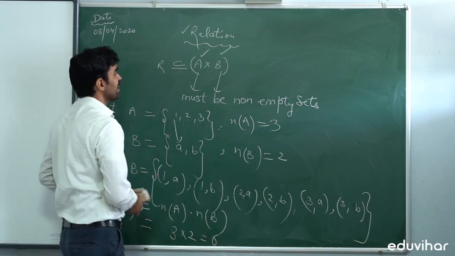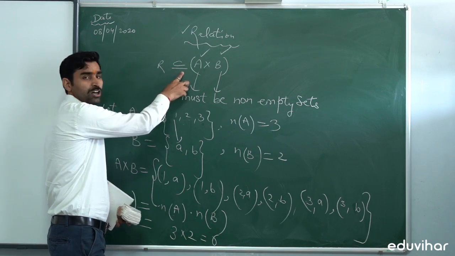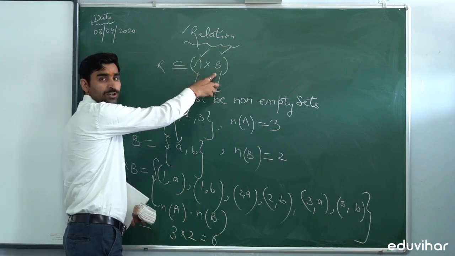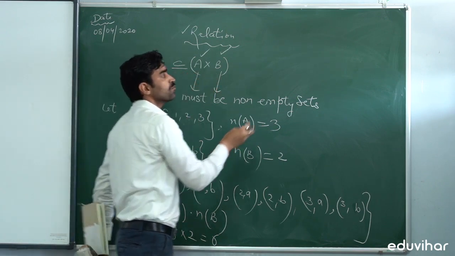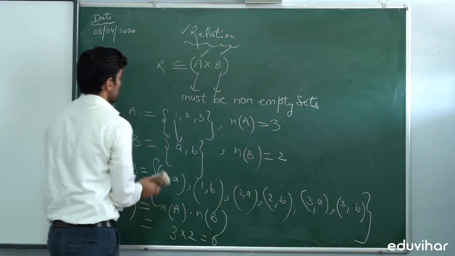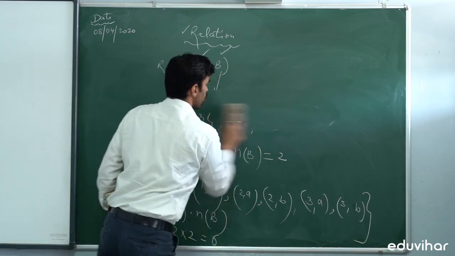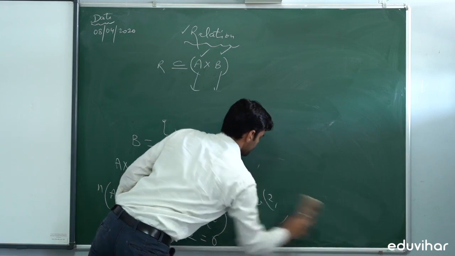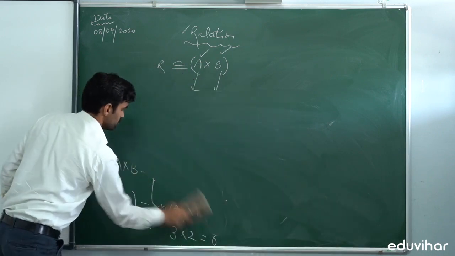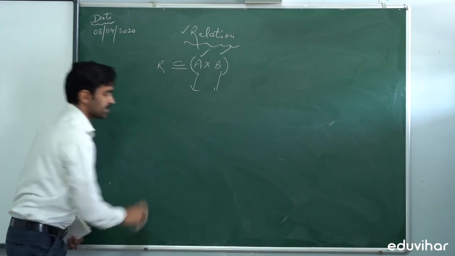Now, as we know, a relation is a subset of the Cartesian product of two sets, and we also know the number of subsets of any set.